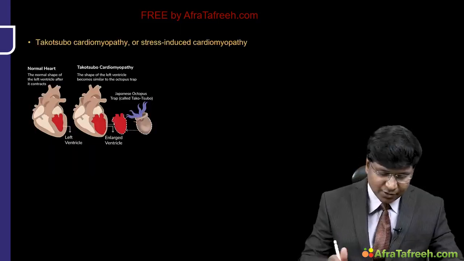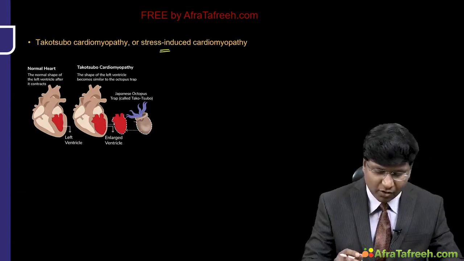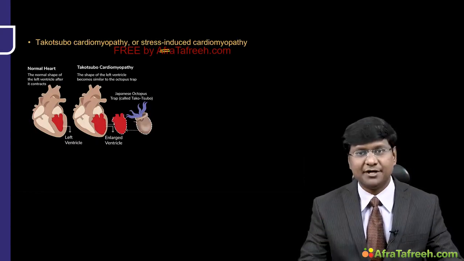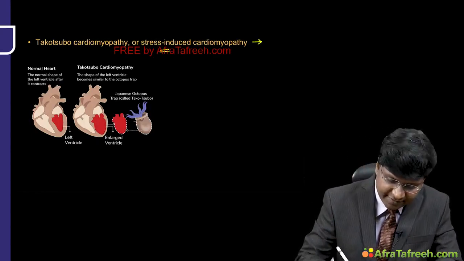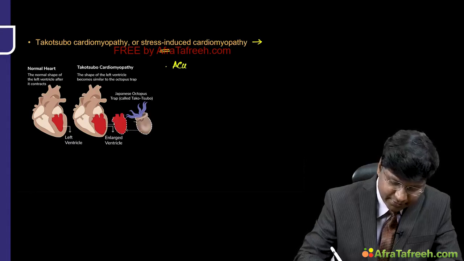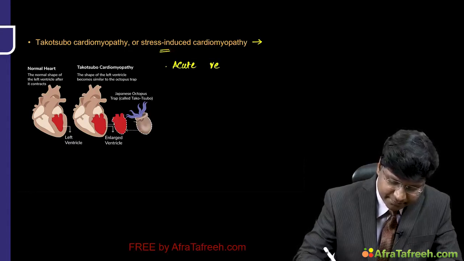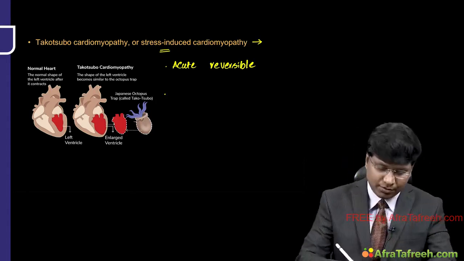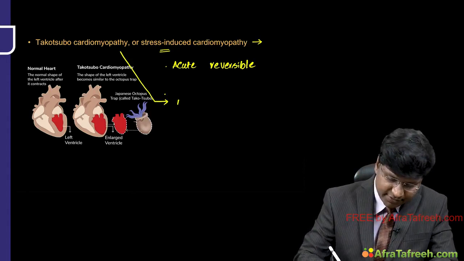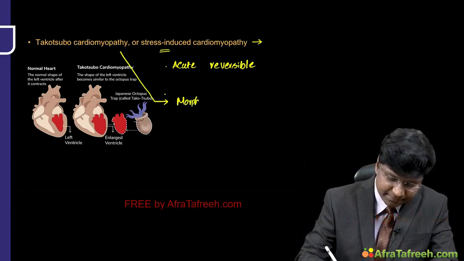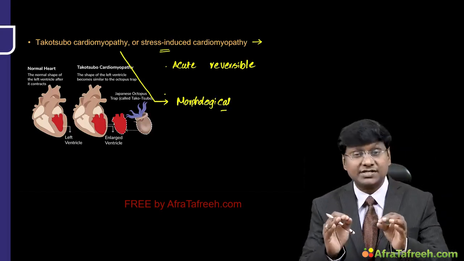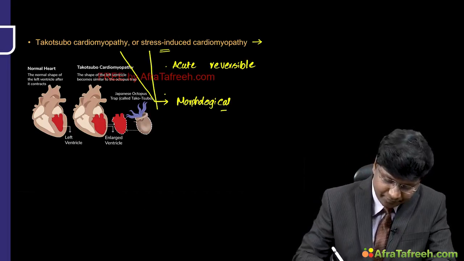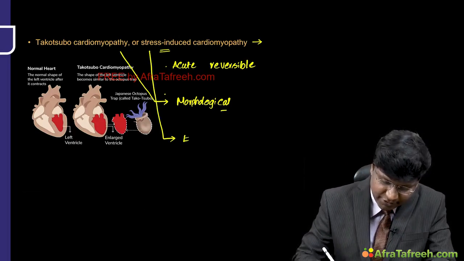Now, another name for this Takotsubo cardiomyopathy is stress-induced cardiomyopathy. What did I tell you in the beginning itself? It is an acute reversible condition. The word Takotsubo is because of the morphological appearance, whereas stress-induced cardiomyopathy is based on the etiology.